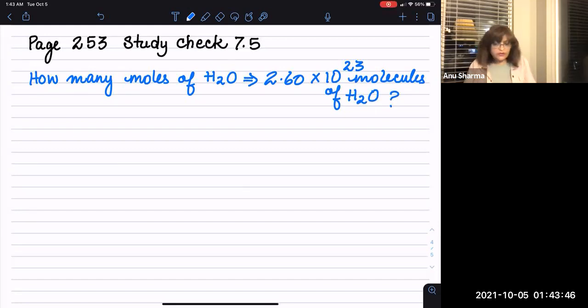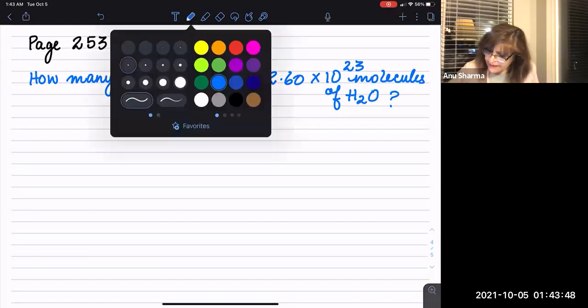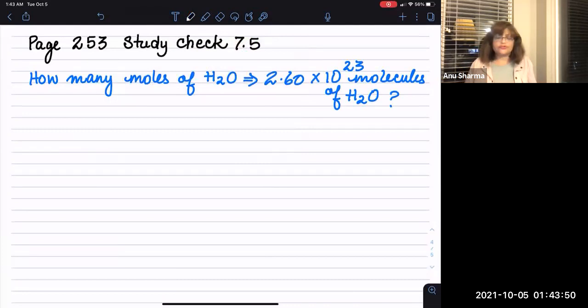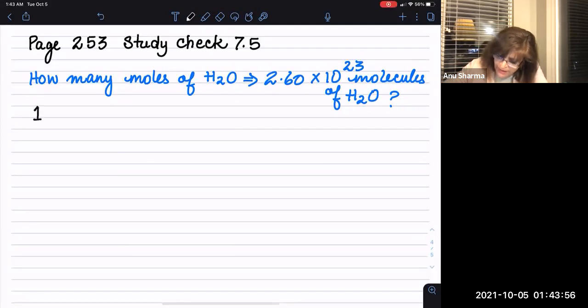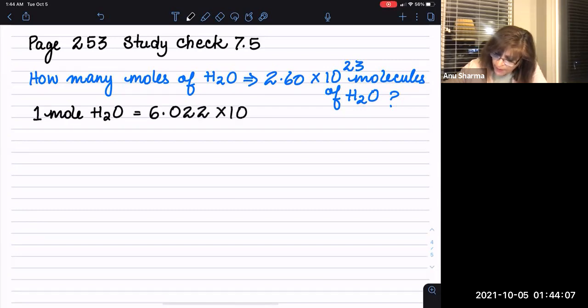One thing is that you can convert it into grams and look at it there, or we know that 1 mole of water contains 6.022 times 10 to the power 23 molecules of water.